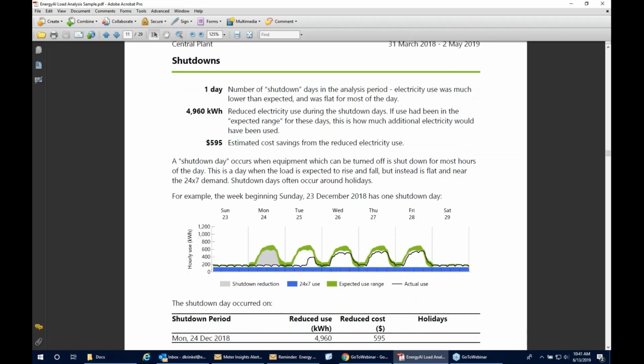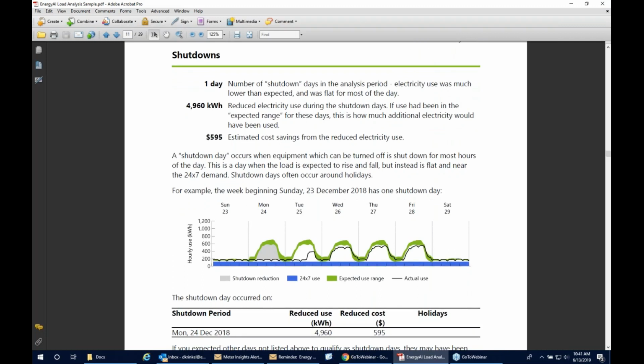Shutdowns. This is an interesting section. This was not in our initial analysis when we started this 8-9 years ago. What we define as a shutdown day is a day when the usage is lower than expected throughout the whole day and it stays relatively flat.